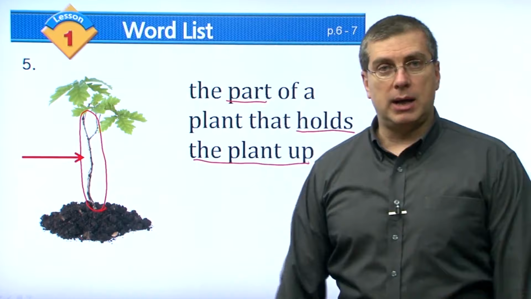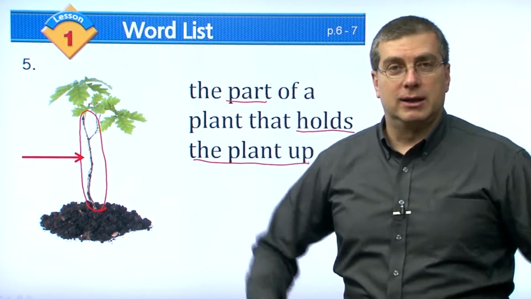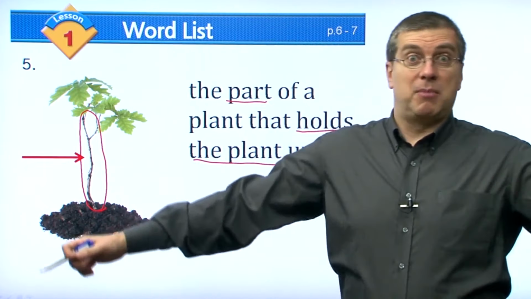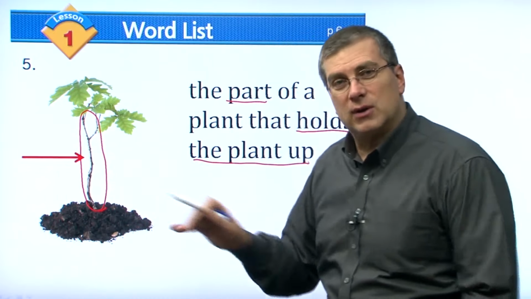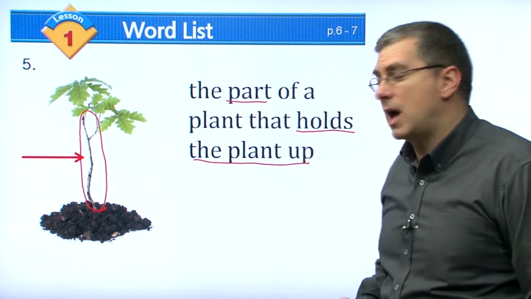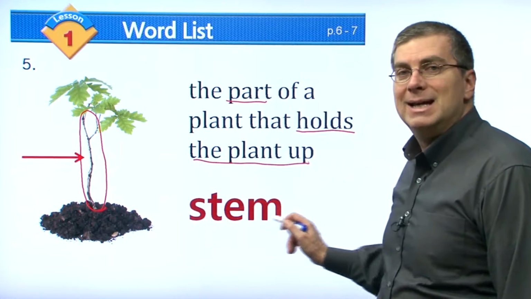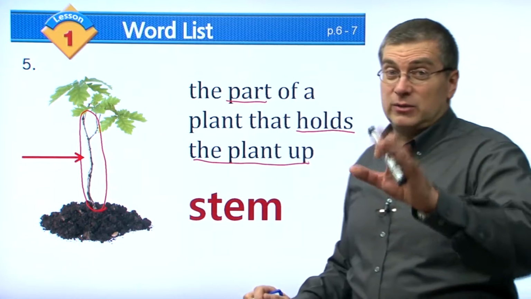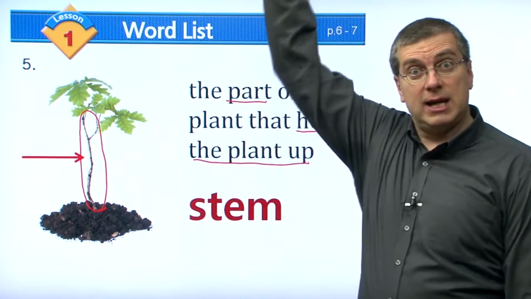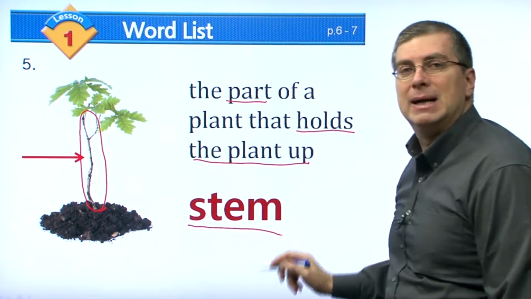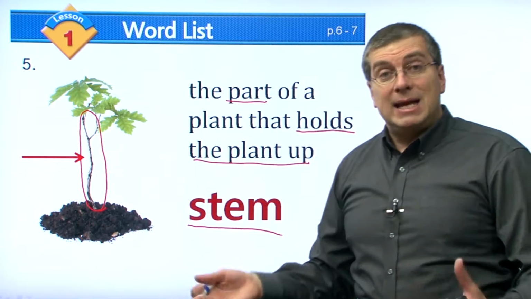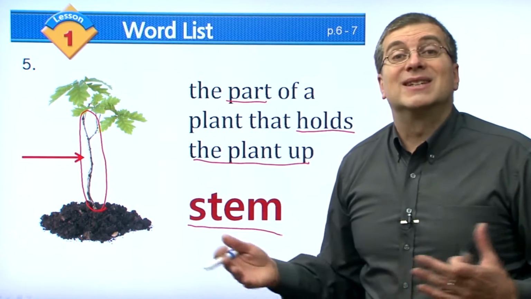It's kind of like my body, right? The trunk of my body holds my body up. But we don't usually say trunk for a small plant. We can say what? Stem. Yes, we can say trunk for a tree, but this is a small plant. We say stem. All plants have a stem.